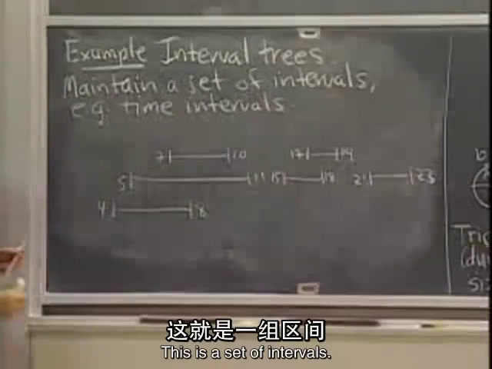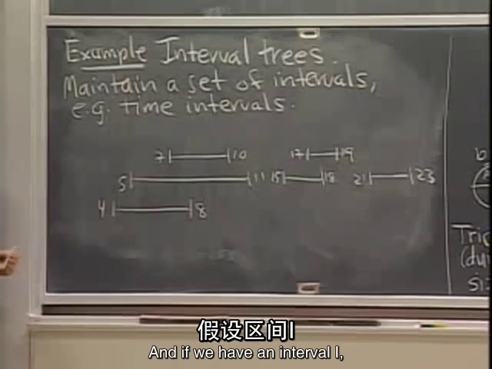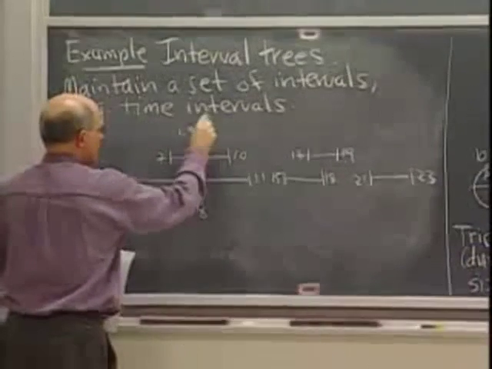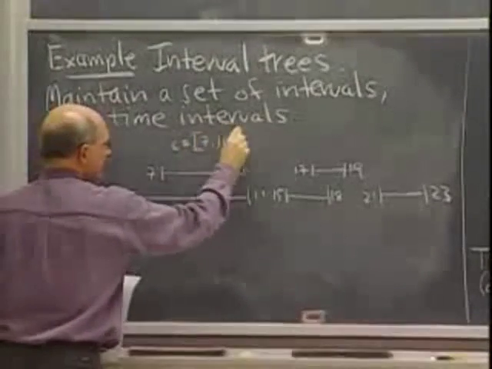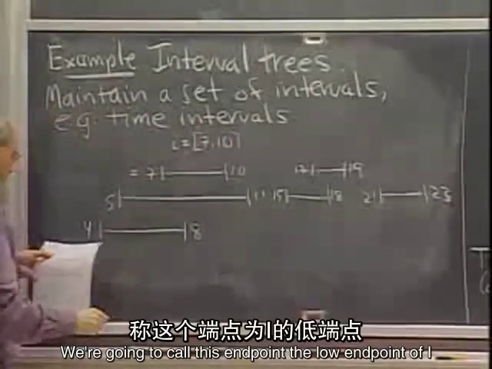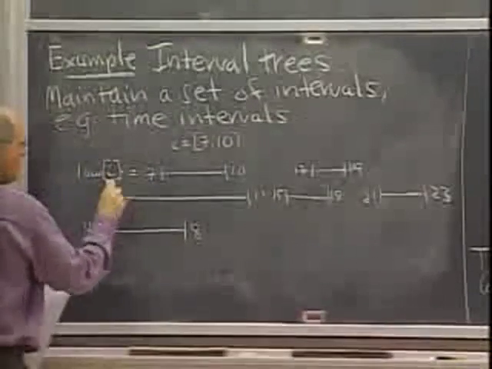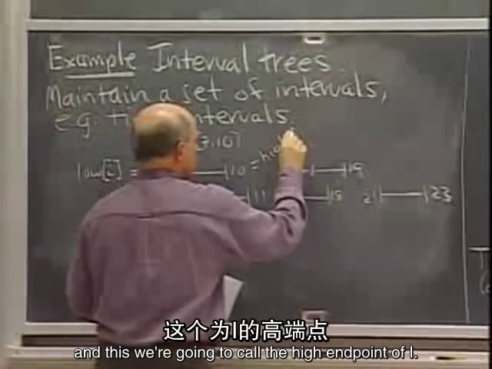Okay, so this is a set of intervals. And if we have an interval I, let's say this is interval I, which is 7, 10, then we're going to call this endpoint the low endpoint of I, and this we're going to call the high endpoint of I.